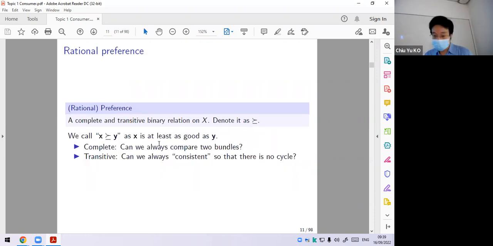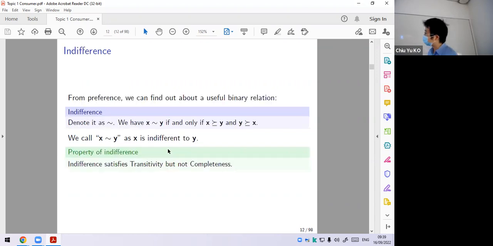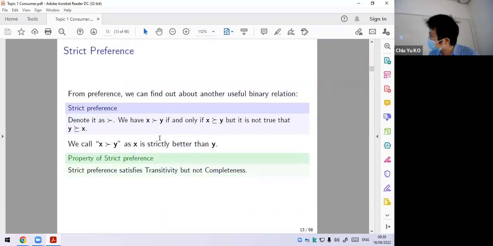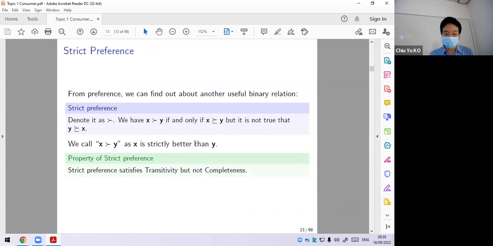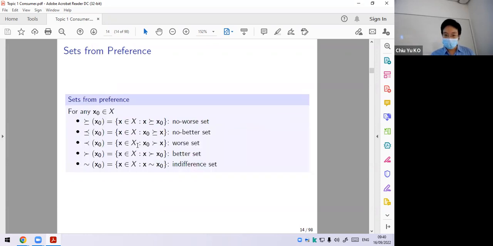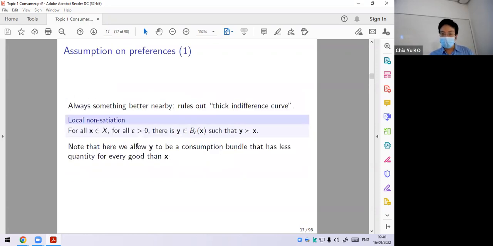So as I said, rational preference is complete and transitive, and from the preference we can define indifference, okay? We can also define strict preference, okay? Indifference means each is no worse than the other, right? Strict preference is strictly better, which means one of them holds but not the other way around, okay? And from that, we define some properties of preference, okay?